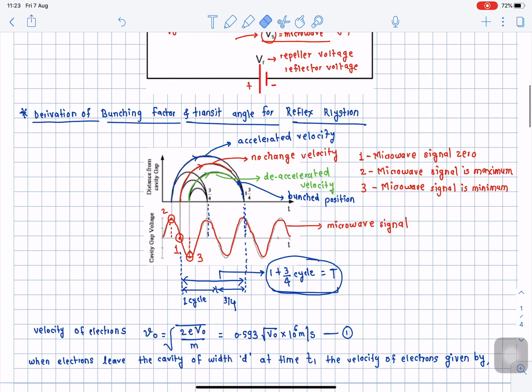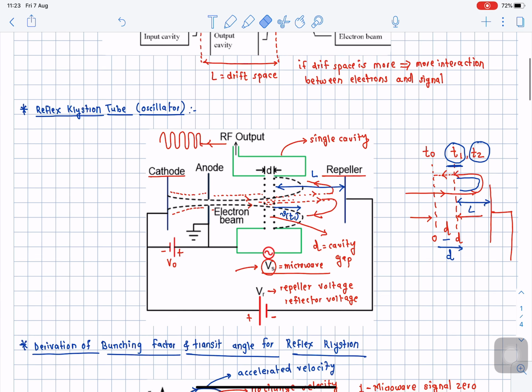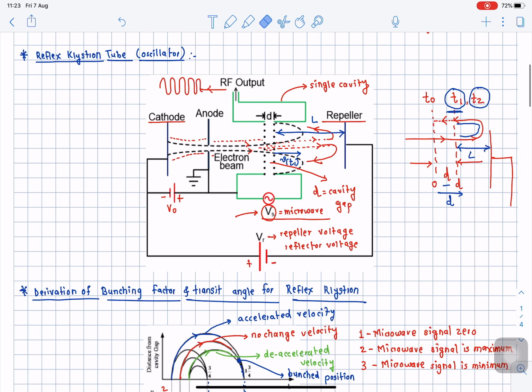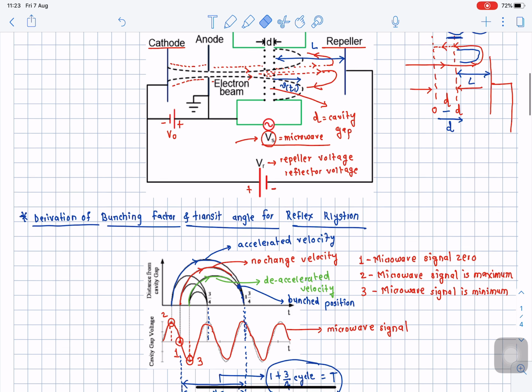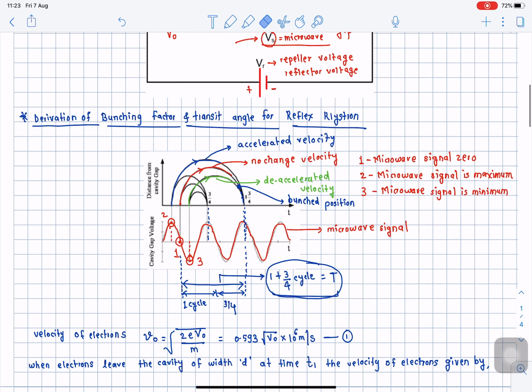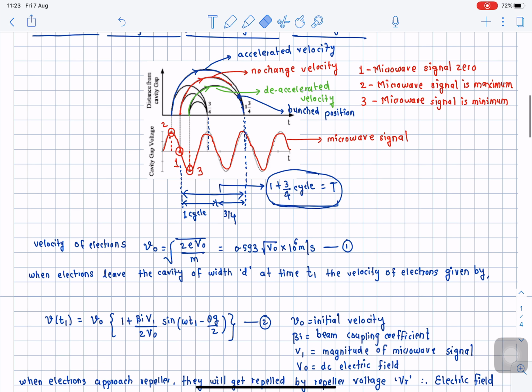The efficiency of this device is very low because it involves the noisy operation of the oscillation process. Efficiency-wise it is around 30 to 40%, and it is a low power device, popularly utilized in laboratories to generate microwave signals.